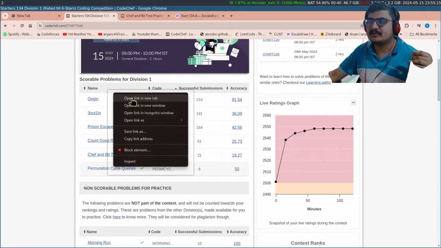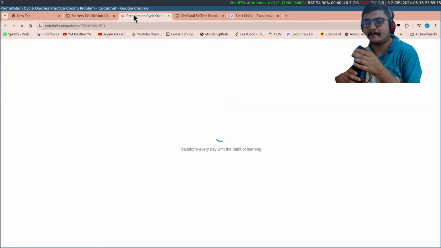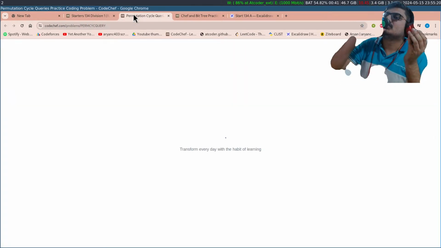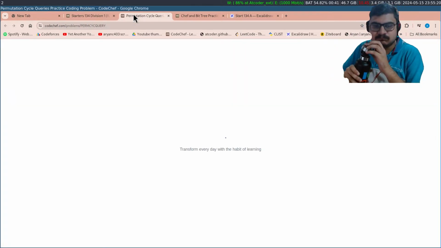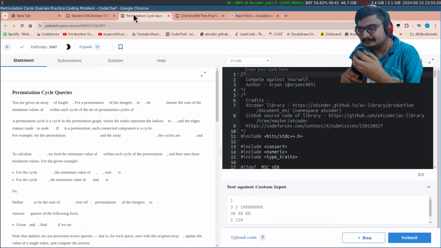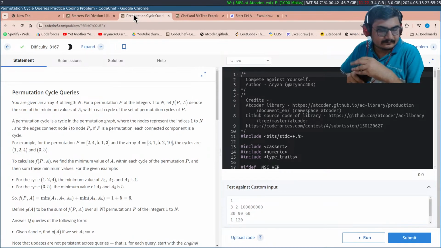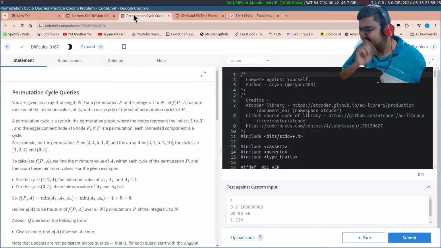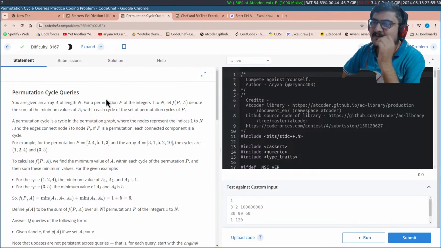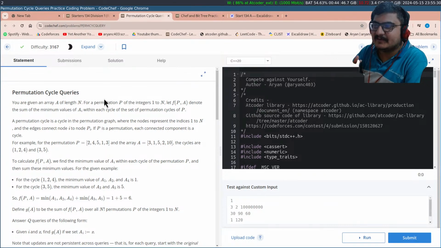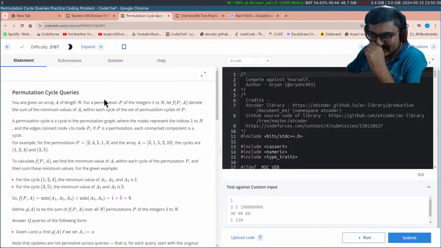The last problem is permutation cycle queries. You are given an array A of length n and a permutation P of integers from 1 to n.